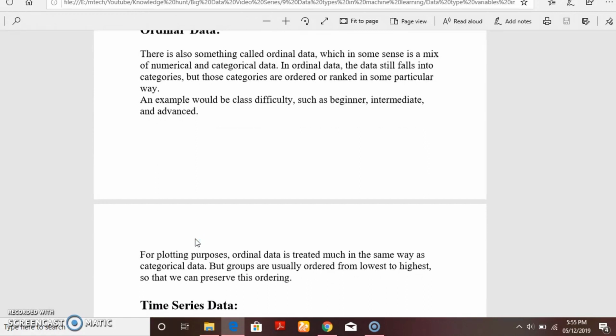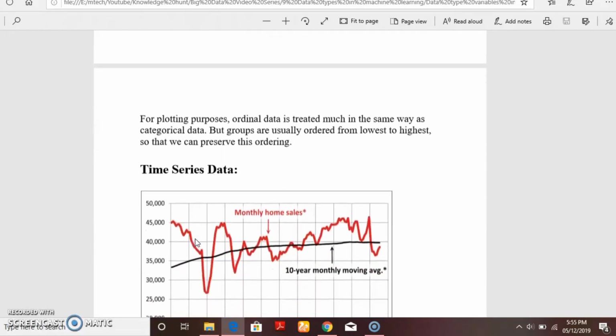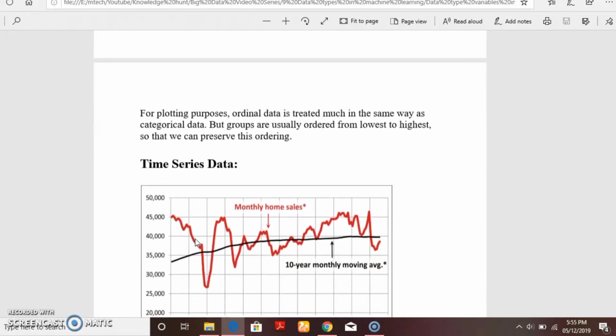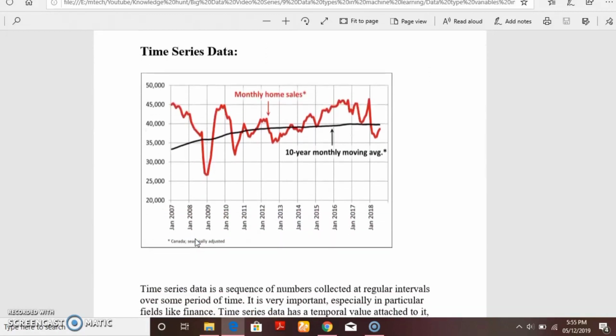It is treated much the same way as categorical data, but the groups are ordered from lowest to highest, such as good, better, best, or beginner, intermediate, advanced.